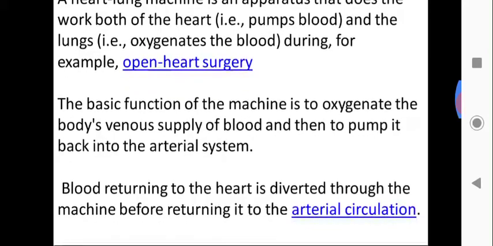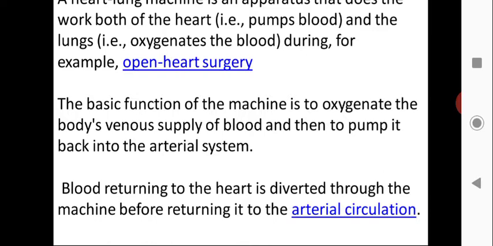The basic function of the machine is to oxygenate the body's venous supply of blood and then to pump it back to the arterial system. The blood returning to the heart is diverted through the machine before returning to the arterial system. The blood which is returning is through the veins, that is, from the superior vena cava and inferior vena cava.